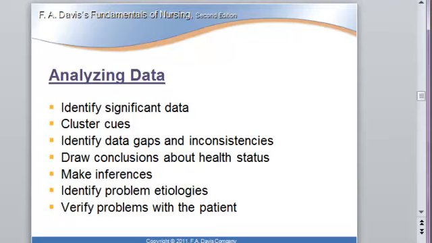Well, now I'm saying you do make inferences because inferences are based on the data that you collected. So you have to make some inferences as we analyze our data because that's part of problem solving and is part of critical thinking. So we also want to identify problem etiologies as we go through and analyze our data, and we want to verify our problems with the patient and the family.